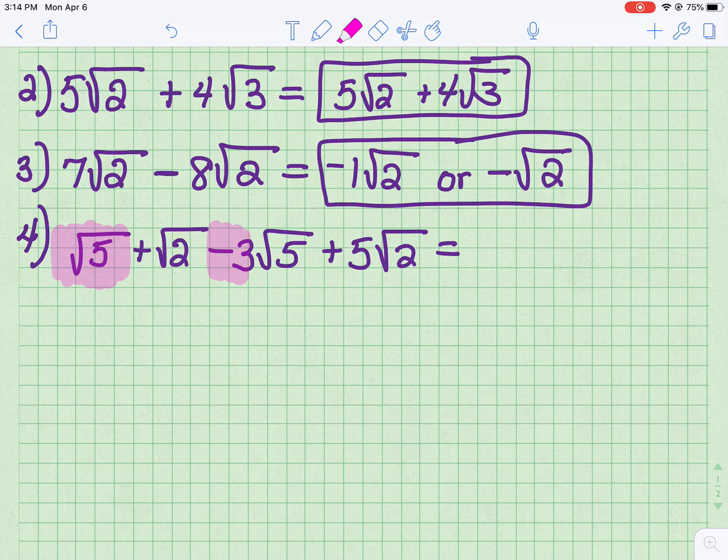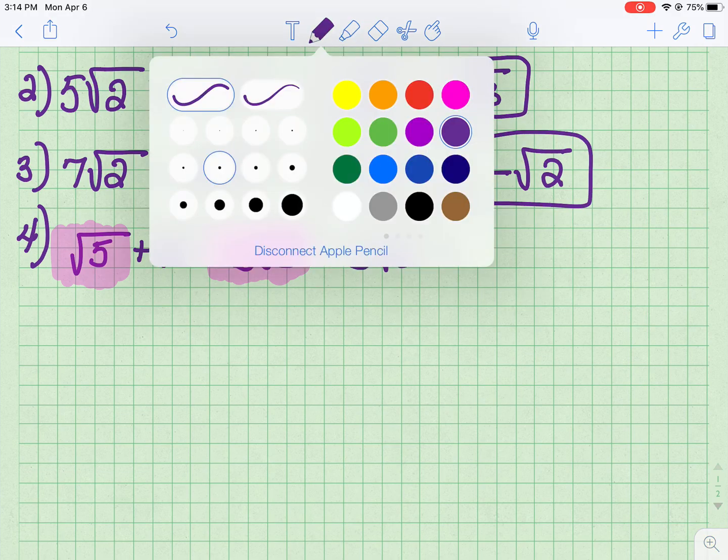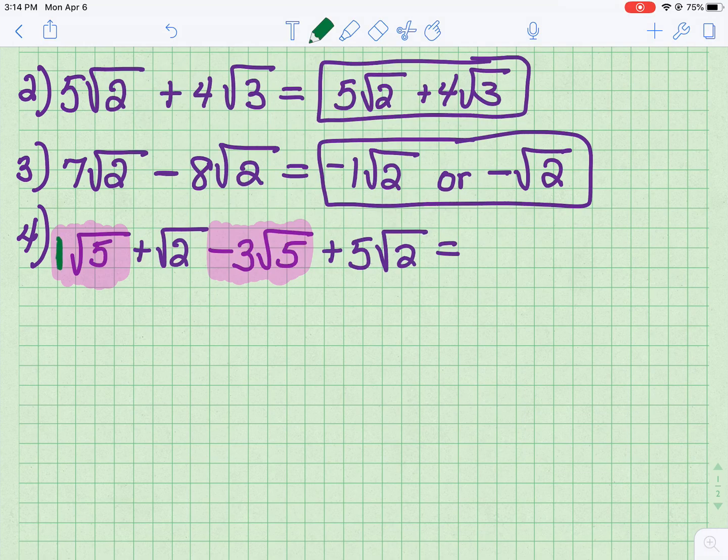And we have negative 3 root 5. Well, this is where that invisible 1 comes into play. You've got to always remember in front of that root 5 is that invisible 1 that mathematicians don't like to write. So maybe you want to make it visible and say that 1 minus 3 is negative 2. And what were we counting? We were counting root 5s.